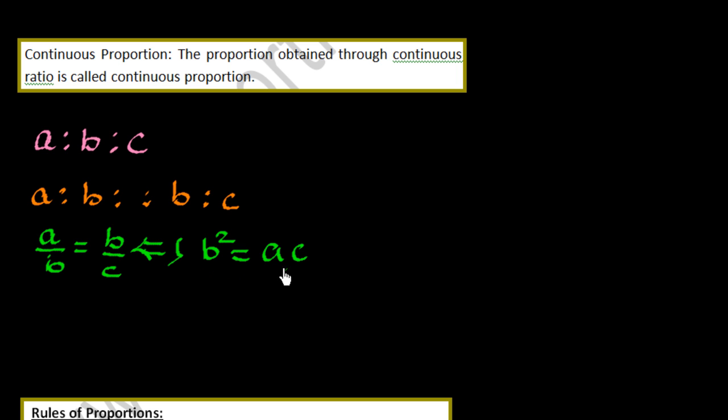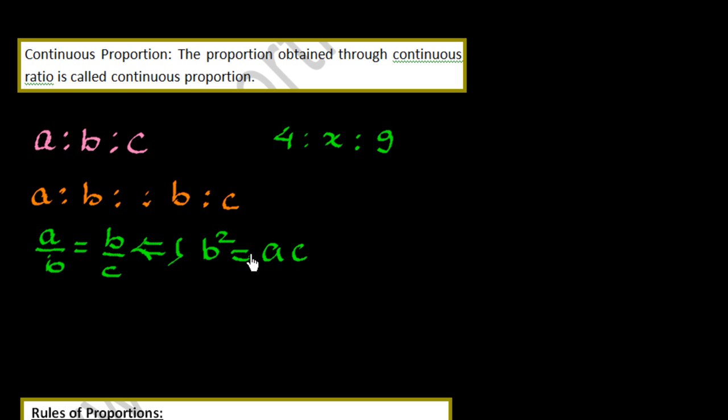So we could find it out as I write here. We have 4 is to x is to 9. So we have to find out x.